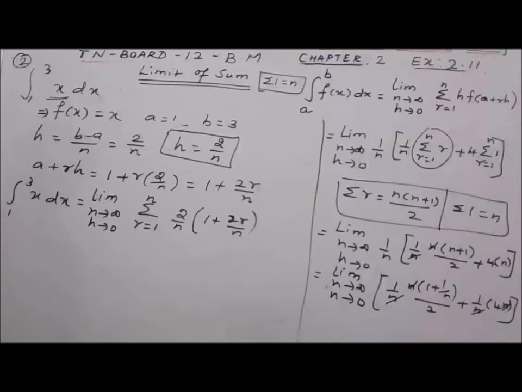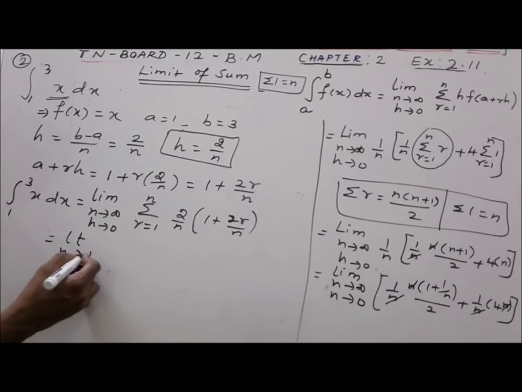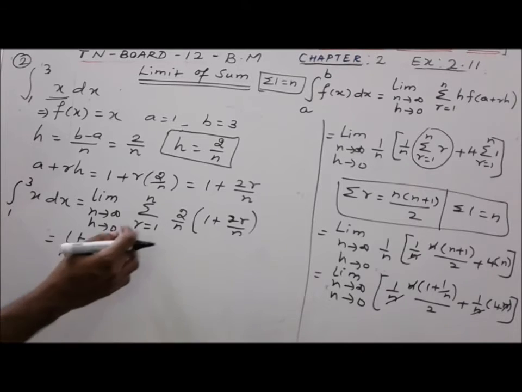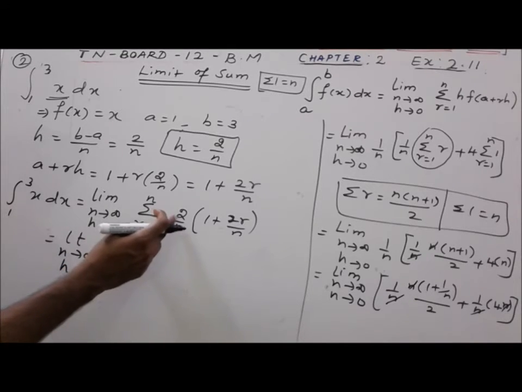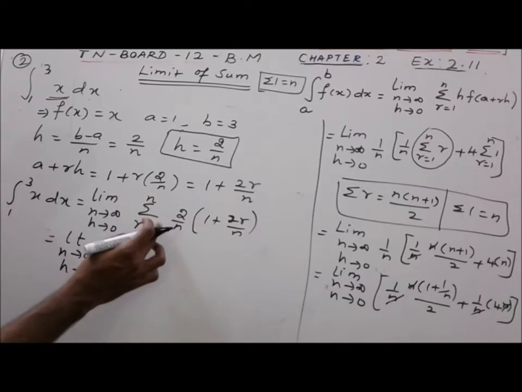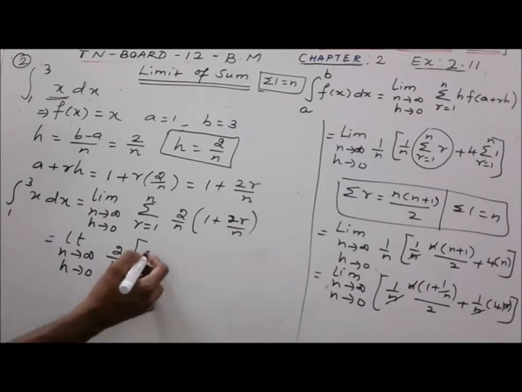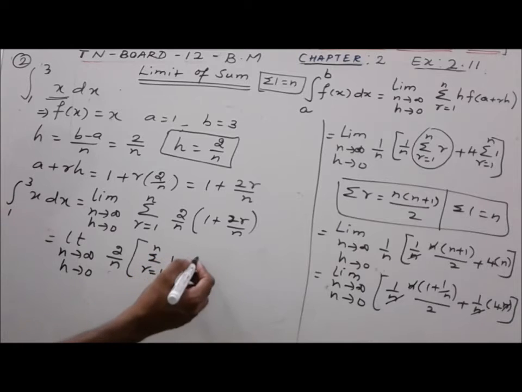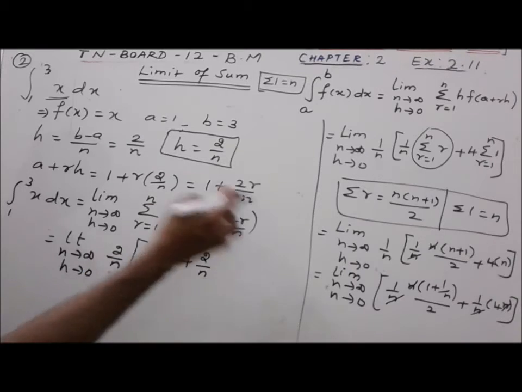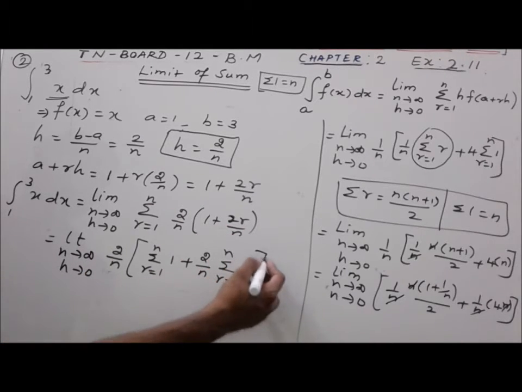By simplifying, we will get limit n tend to infinity, h tend to 0. Now taking out 2 by n and bringing this sum to the terms inside the bracket: sum of r equal to 1 to n 1 plus 2 by n is constant, and then adding the sum of r equal to 1 to n r.